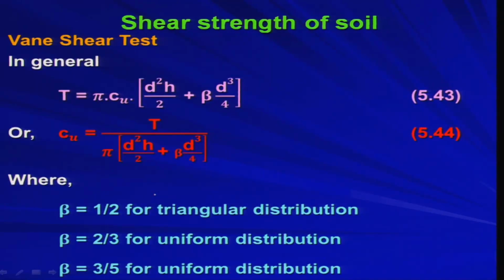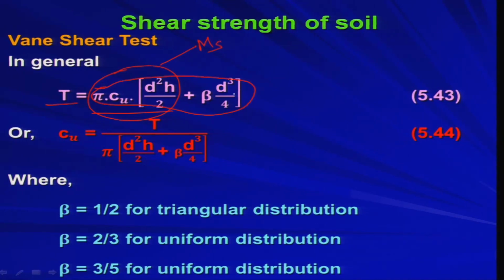So, in general, T, the total maximum torque, is equal to pi into Cu into (d squared h by 2 plus beta into d cubed by 4). Now this part is giving you Ms and this part is giving you twice Me.